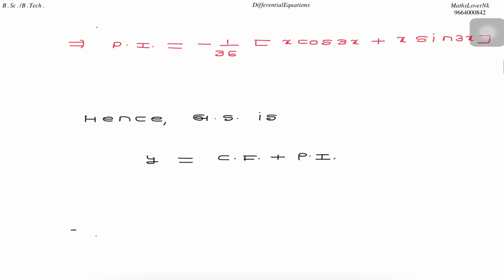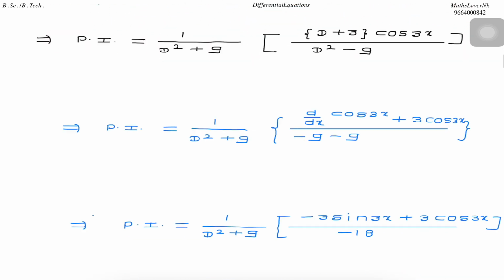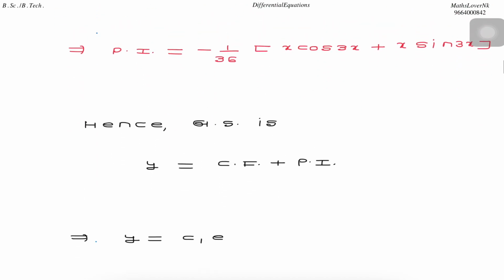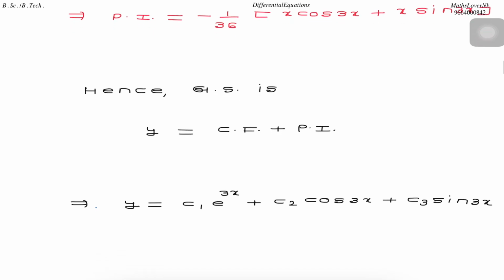So y is equal to, at first write down the CF, that is C1 e to the power 3x plus C2 cos beta x, that is cos 3x, plus C3 sin beta x, that is sin 3x, minus 1 upon 36 as it is.